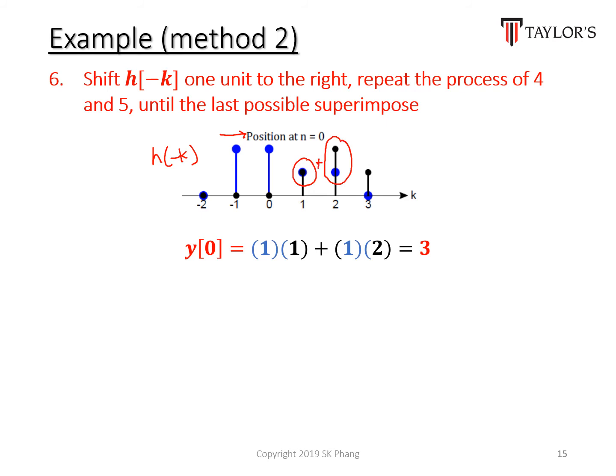So in this case it is 1 multiplied by 1 because both are 1, and this case is 1 multiplied by 2, and then you add them together, therefore you get a final answer of 3. And just now remember, at the previous step you have y minus 1 equals to 1, and therefore now this becomes y0, and so on and so forth. We are going to find out what is y1, y2, and so on in our next slide.